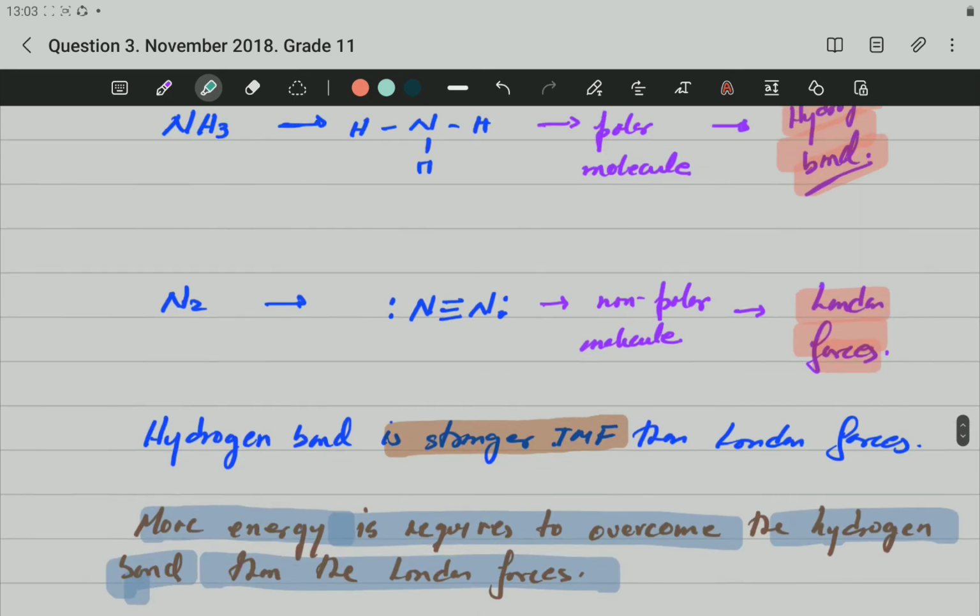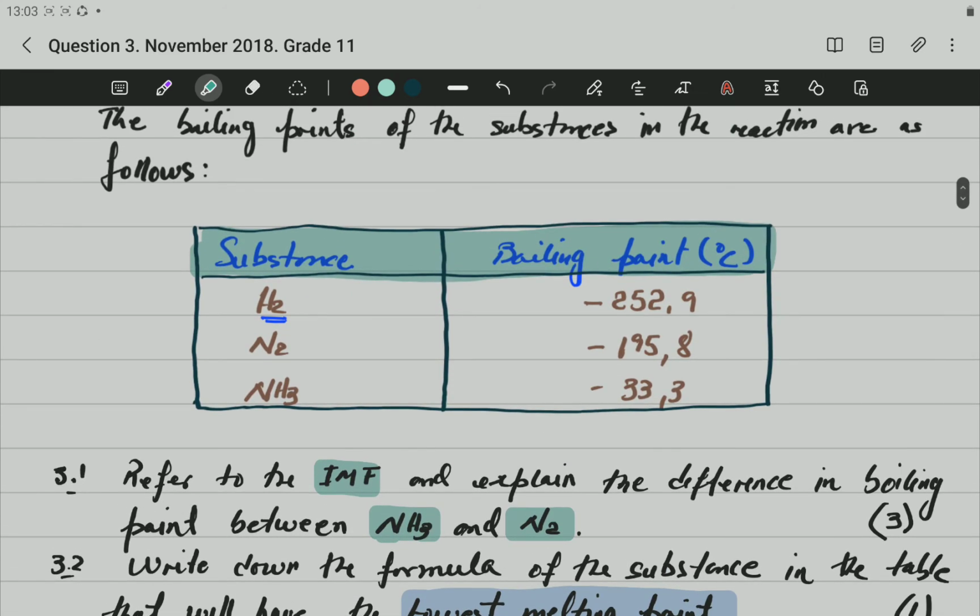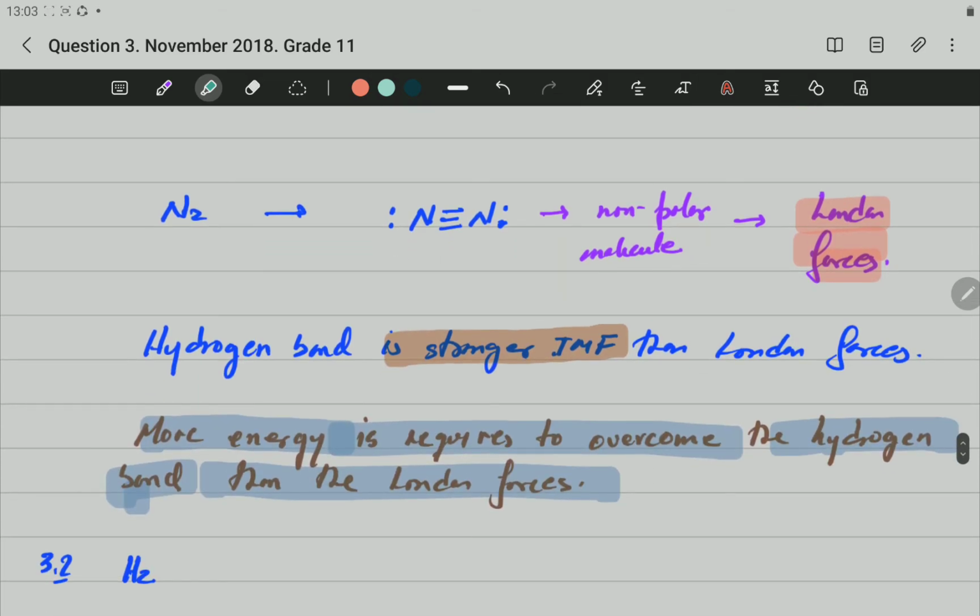So let's now answer this question. They say write down the formula of the substance in the table that will have the higher vapor pressure. That will be the one that has the lower boiling point, which is hydrogen. So the formula is again H2, and then we have to explain that one.